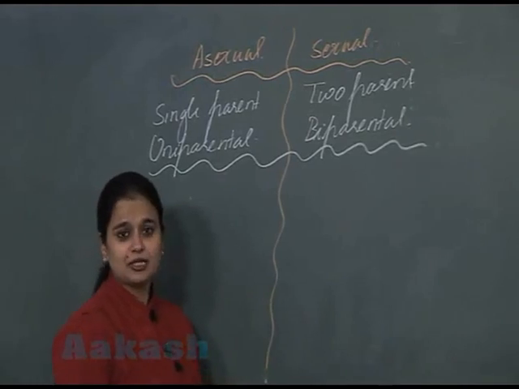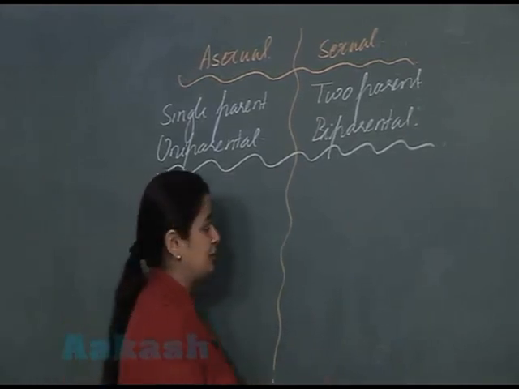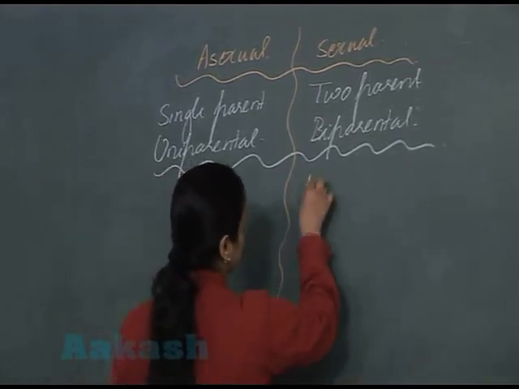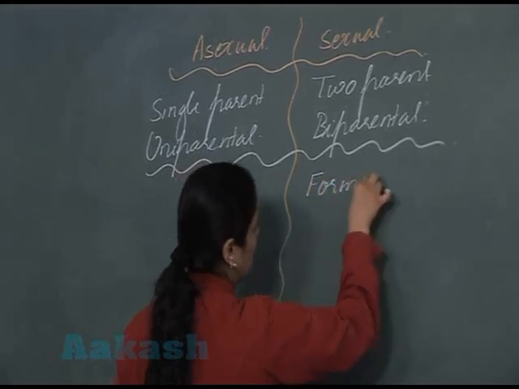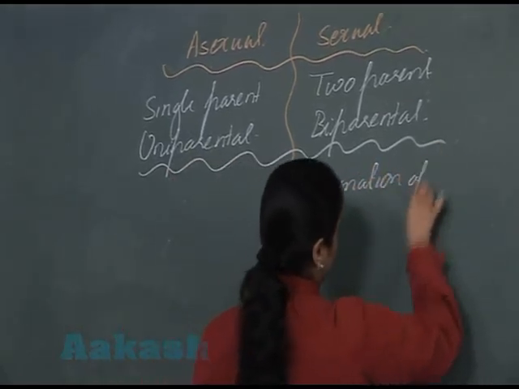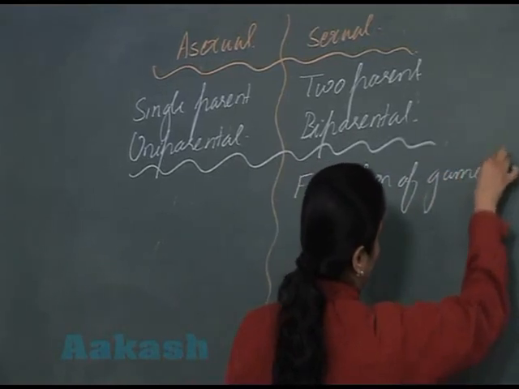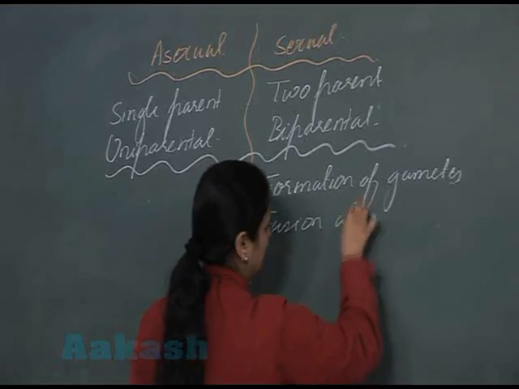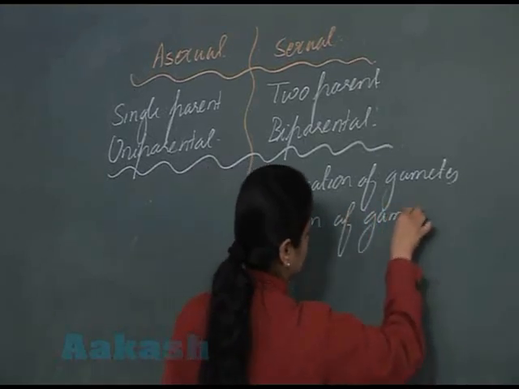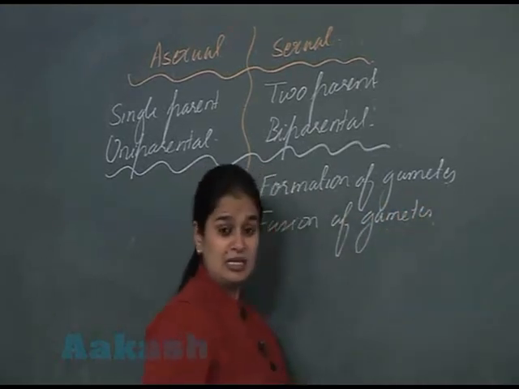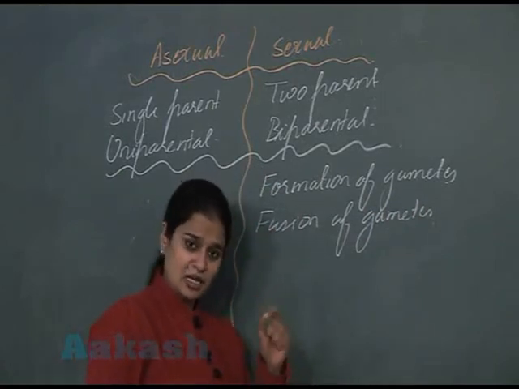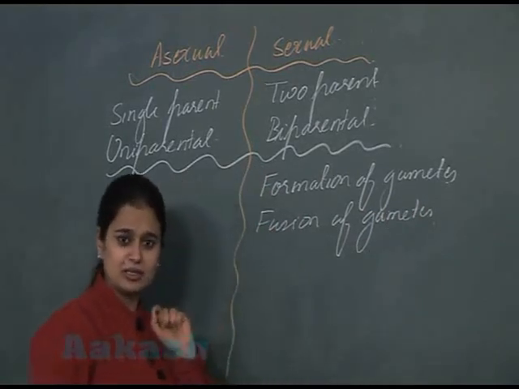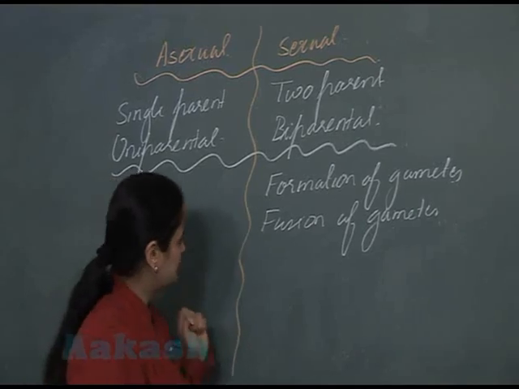In sexual reproduction, there is formation of a new individual through the process of formation of gametes and fertilization, fusion of gametes. Yes, gametes are the sex cells produced by the sex organs. So what will happen here?